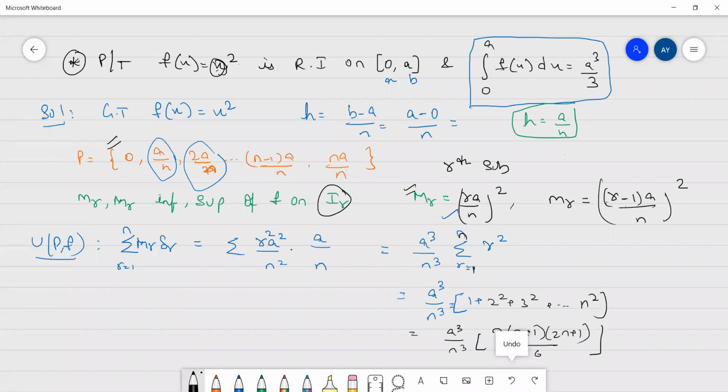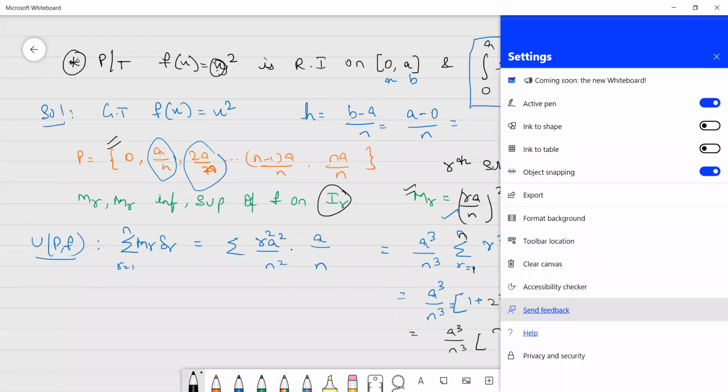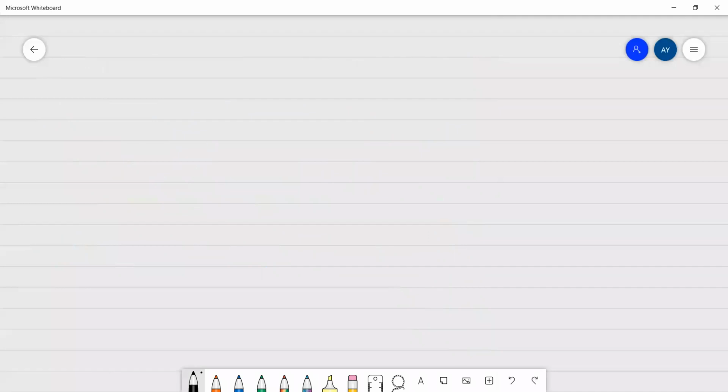Okay, so this is what you got, and take n common from this. If you take this n and this n common, you'll have n cube. We'll write it a bit clearly. So what is it that you got? a cube by n cube into n plus 1 into 2n plus 1 by 6. I'm just taking n cube common.